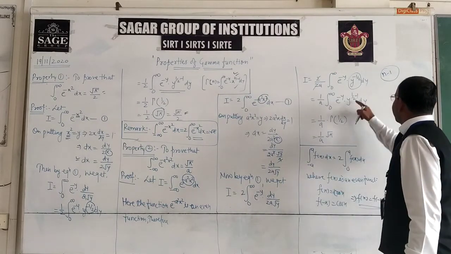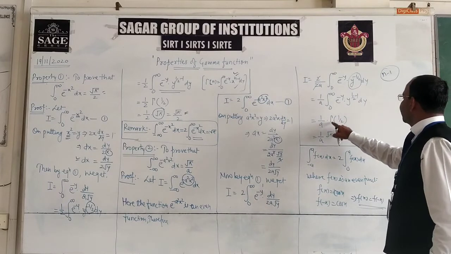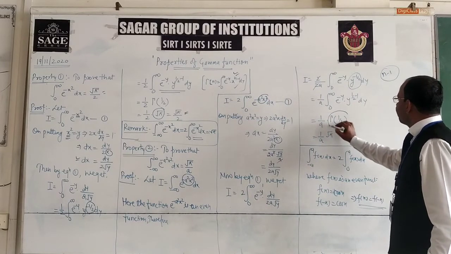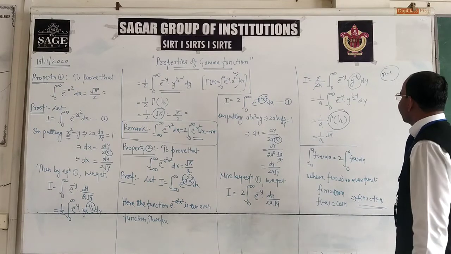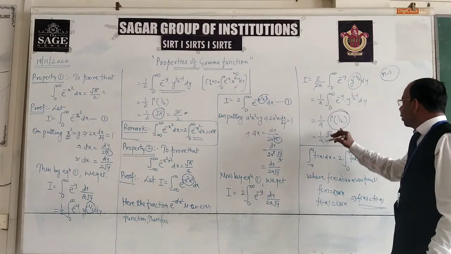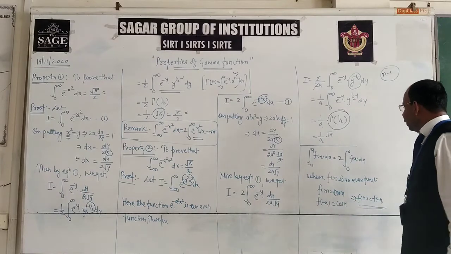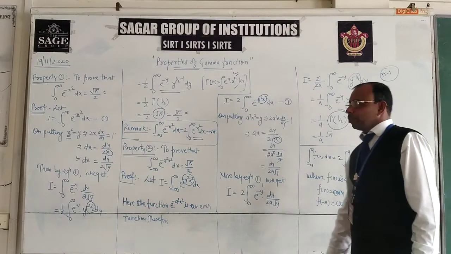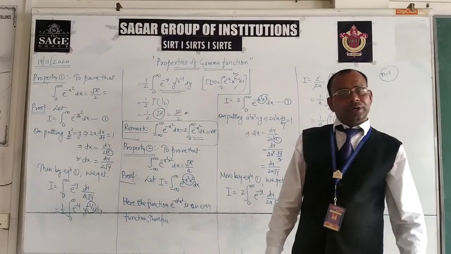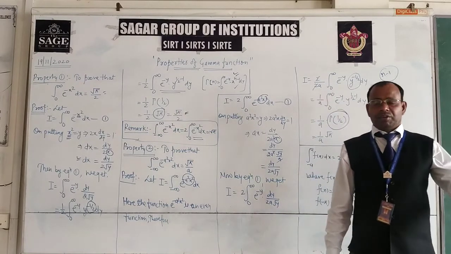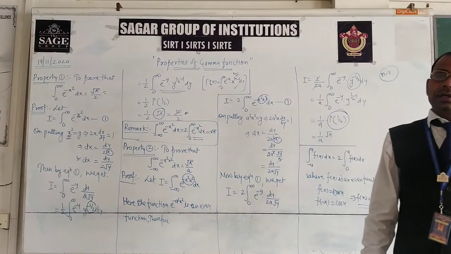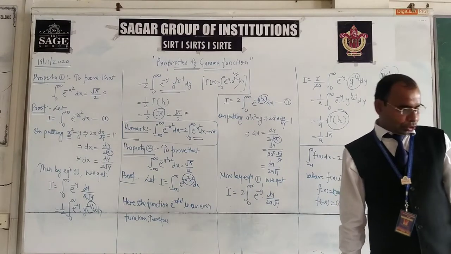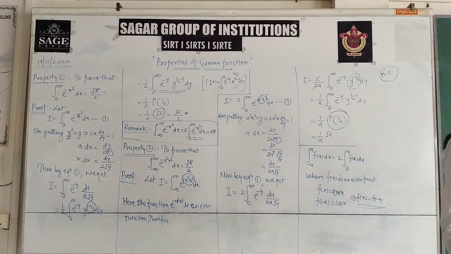This will be 1 by 2 minus 1, so 1 upon a gamma 1 by 2, and gamma 1 by 2 is root pi. We have also proved this in the last video lectures. Therefore, the answer is under root pi upon a. This is the important property of gamma function. Now we will discuss the numerical problems of gamma and beta function in the next video lecture.